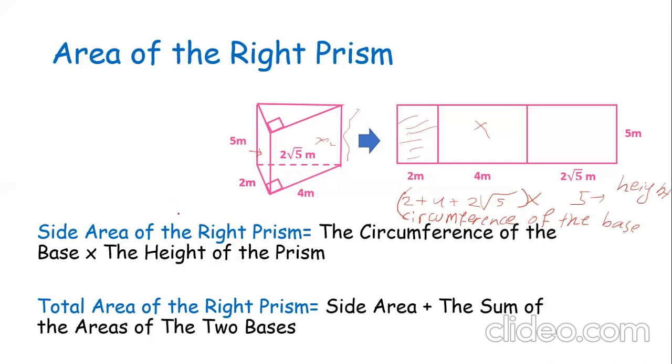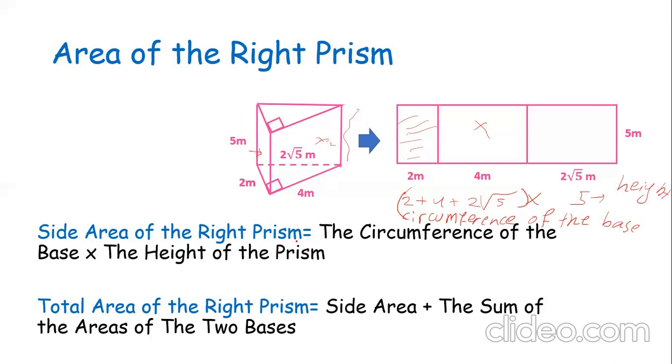So regardless of the type of the base we have in the right prism, the side area of the right prism remains the same, which is the circumference of the base multiplied by the height of the prism.